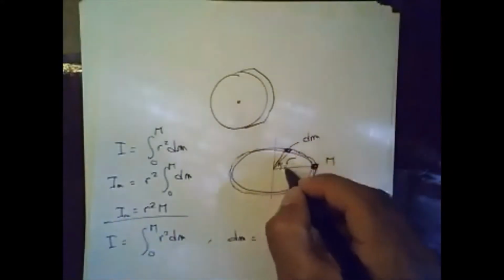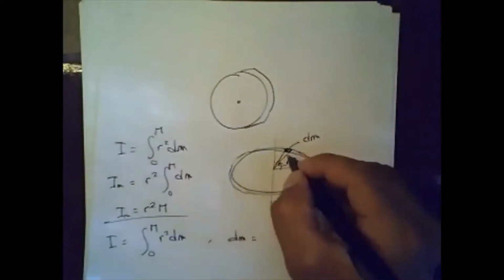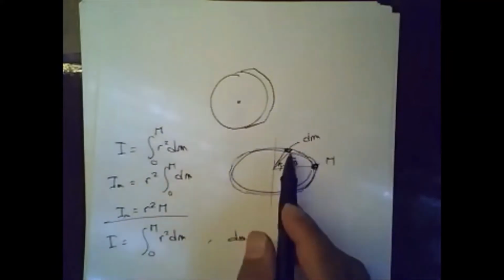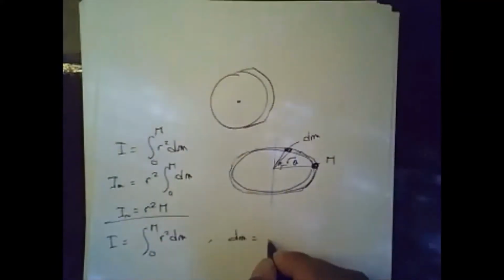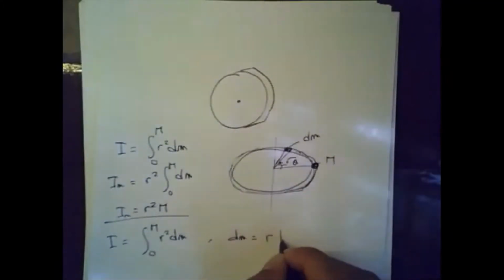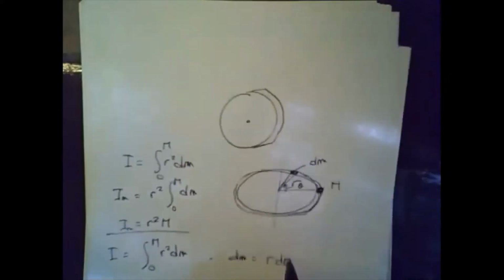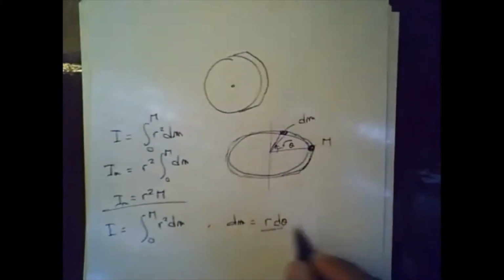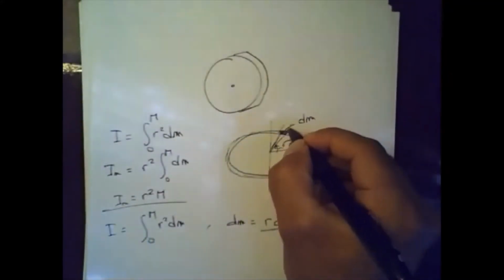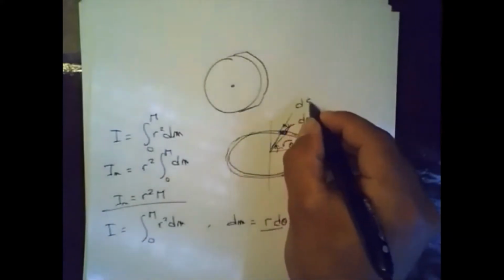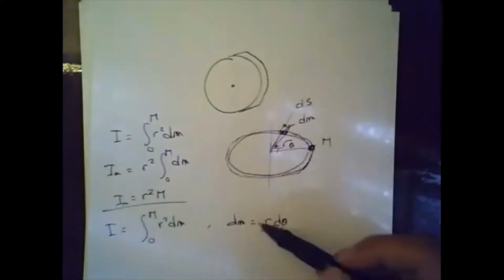I can specify another angle theta here, and dm would be related to r multiplied by d theta. So r times d theta is ds, the length of this tiny segment. ds is equal to r d theta.